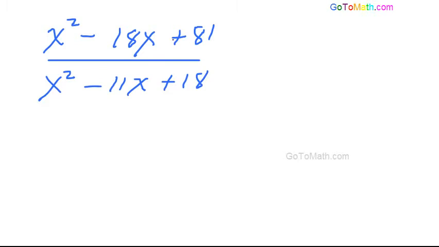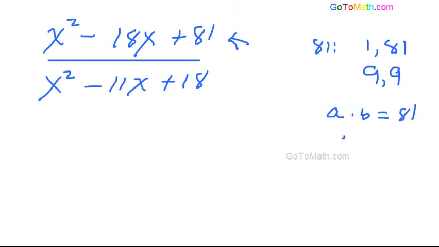Alright, so let's go ahead and work on the numerator first. We'll write down 81, and we've got 1 and 81, and 9 and 9, which I fill in because 9 plus 9 is 18. So we're looking at two numbers that when multiplied together give us 81, and when we add them we get negative 18.